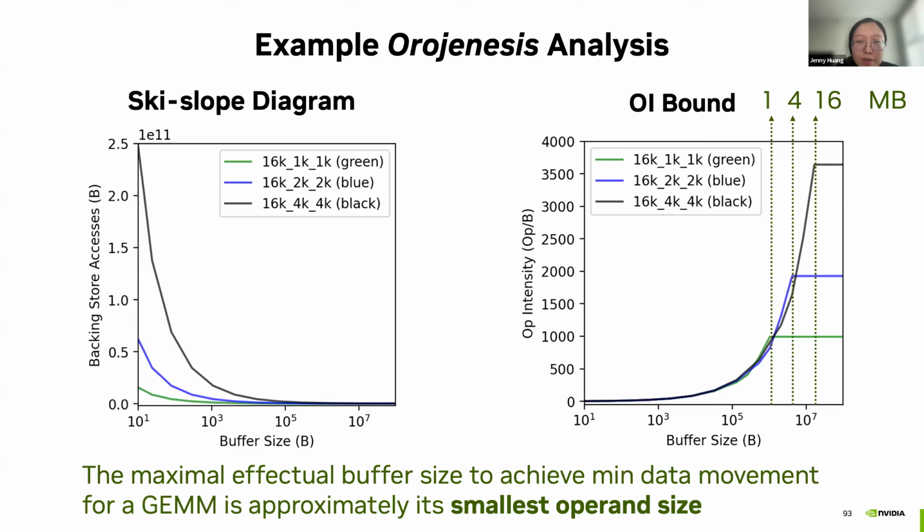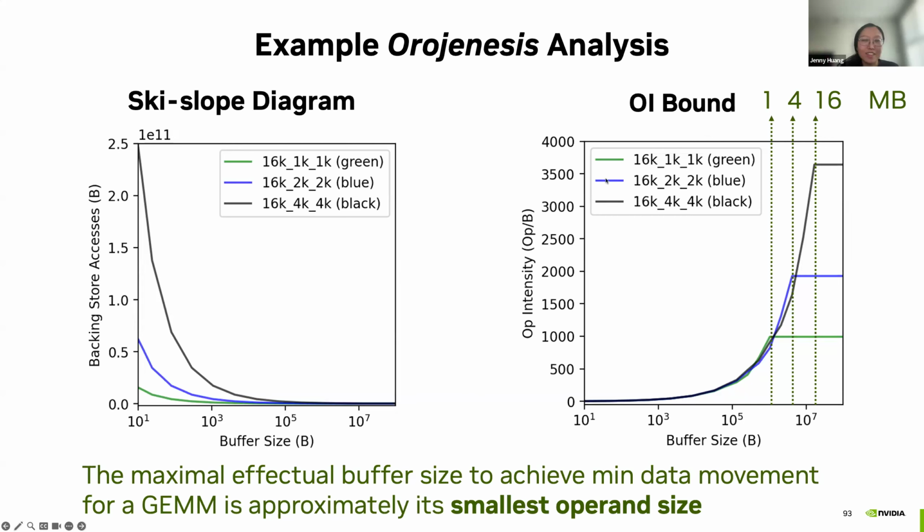And if we examine the operational intensity bounds on the right-hand side carefully, we find a very interesting observation: in order to fully reuse the data in the buffer, the maximum effectual buffer size to achieve this minimum data movement for a GEMM is approximately its smallest operand size.